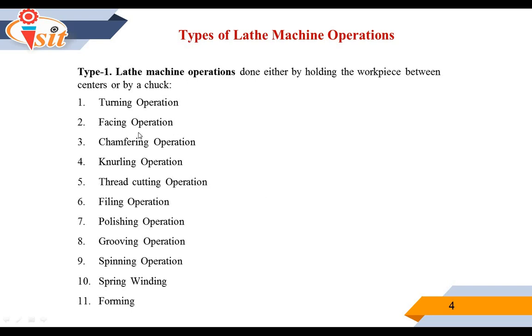That is turning operation, facing operation, chamfering operation, knurling operation, thread cutting operation, filing operation, polishing operation, grooving operation, spinning operation, spring winding operation and forming operation. So these 11 operations are performed on a lathe machine by holding the workpiece between centers or by a chuck. Again, turning operation includes plain or straight turning, rough turning, shoulder turning, taper turning and eccentric turning.